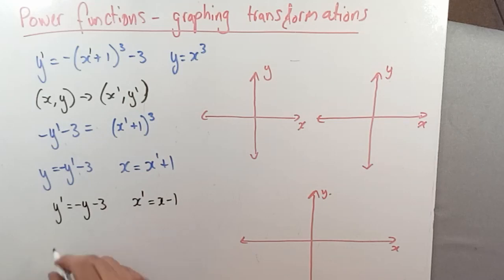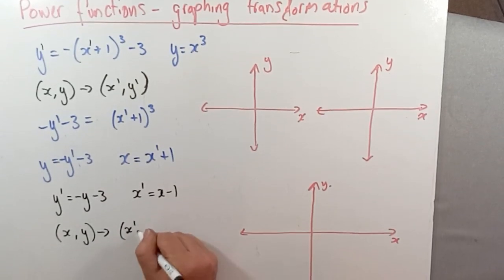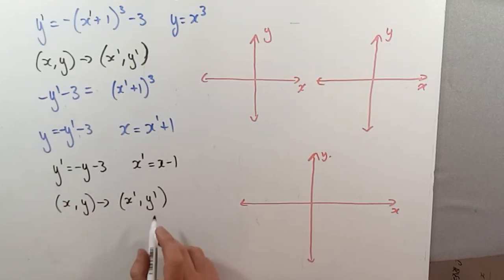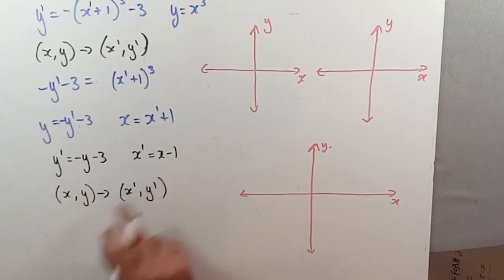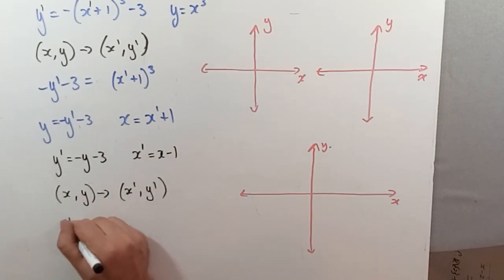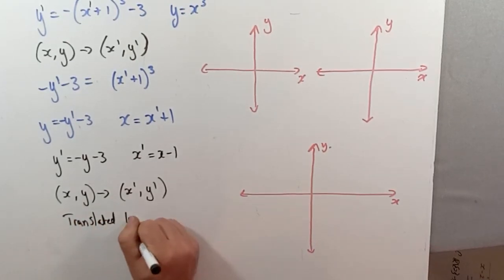Okay, so what are my transformations? My x and y map to the x image and the y image. Let's do the x first. It's just translated left 1.